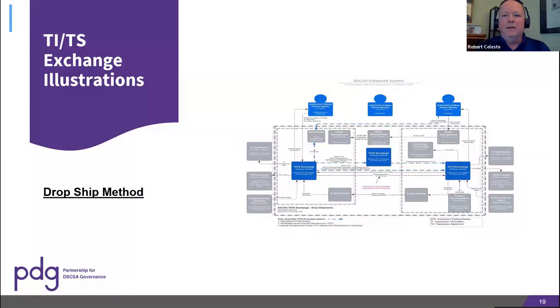The third is that if the manufacturer and the dispenser have a trading relationship, they may trade other products directly and have an EPCIS connection, and they may agree that the manufacturer would provide the TI/TS data directly to the dispenser. This illustrates the many different ways TI/TS could be provided to the dispenser as that product arrives.